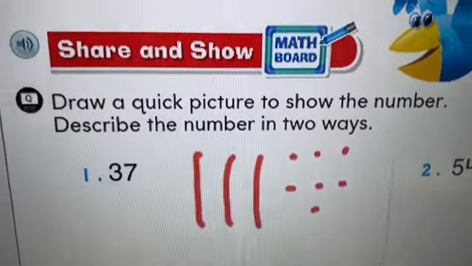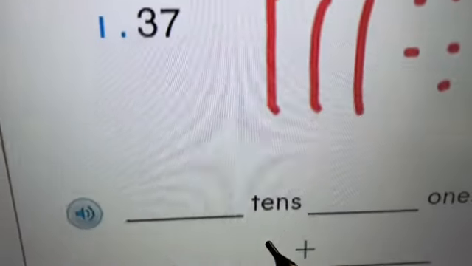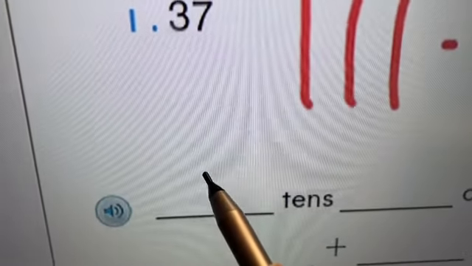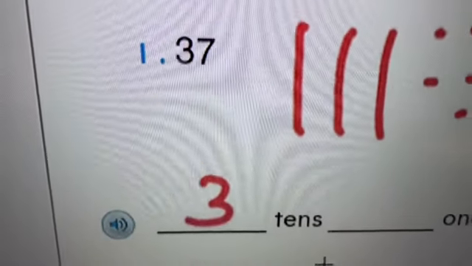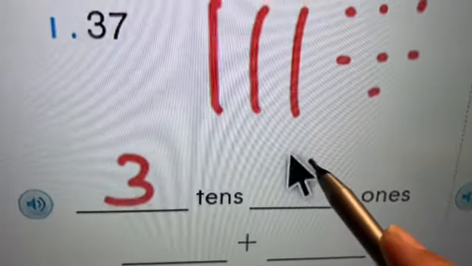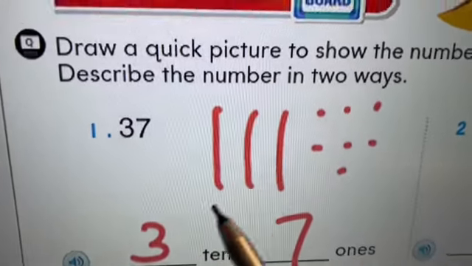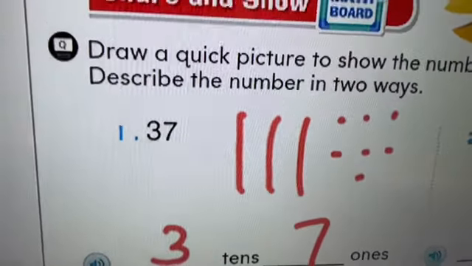There's the picture. And down here, these are tens. How many tens did I use? I used 3 tens. How many ones? I used 7 ones. So the picture represents 3 tens and 7 ones.